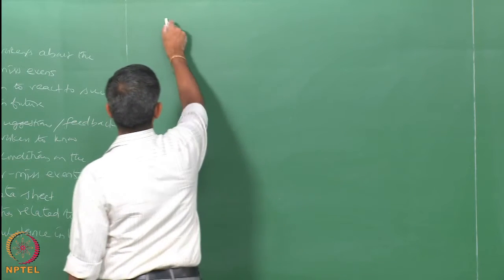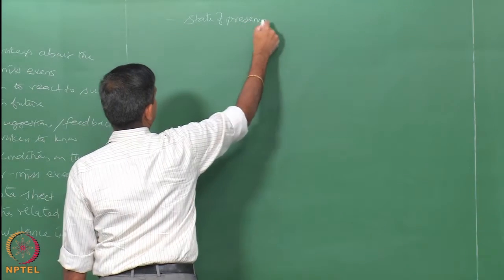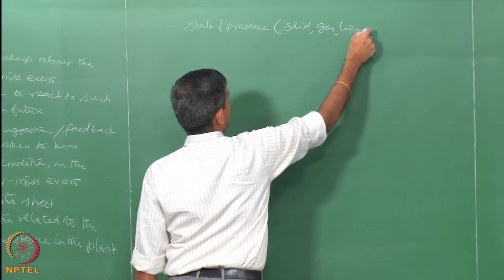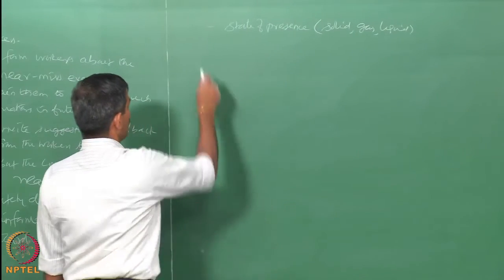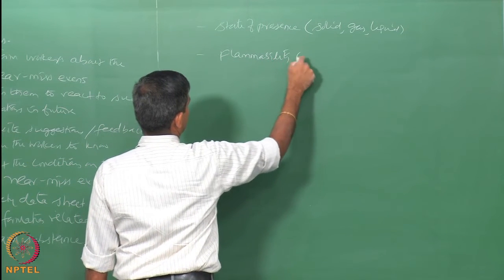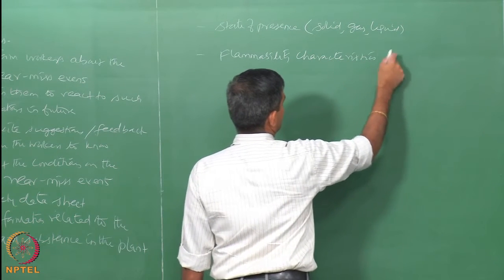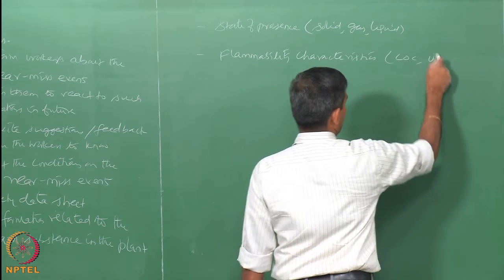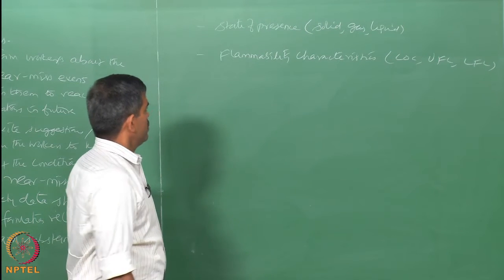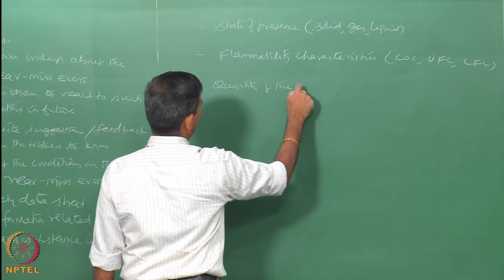This should contain information about the state of presence of the substance, that is, is it solid, is it liquid, gas, etc. You should also have information about the flammability characteristics of the material: limiting oxygen concentration, upper flammability, lower flammability, etc. You should also know about the quantity of the material involved.